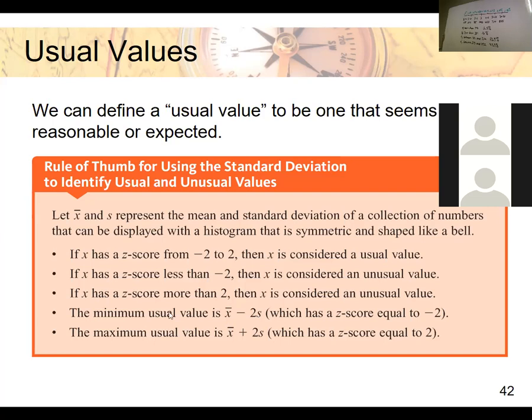Okay. A usual value occurs when your x value has a z-score from -2 to 2. So any z-score for an x value that's between -2 and 2, we consider it to be usual. Now the unusual values occur when your z-score is either less than -2 or more than 2.